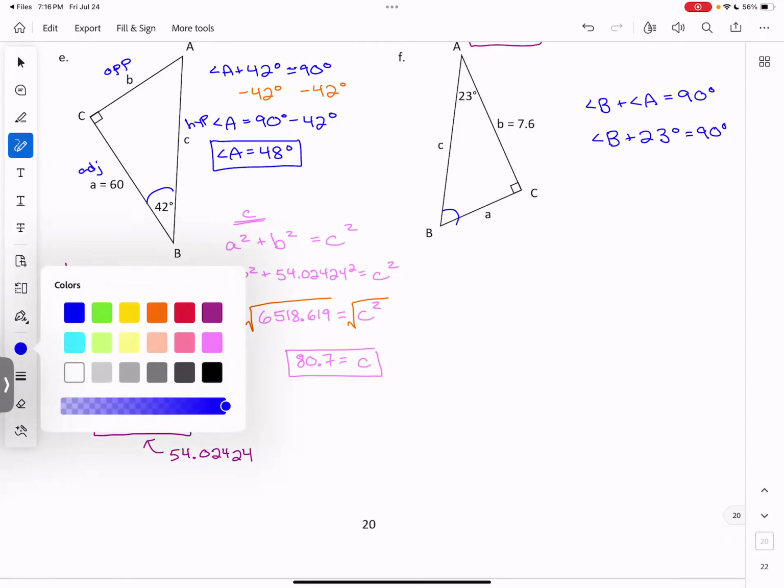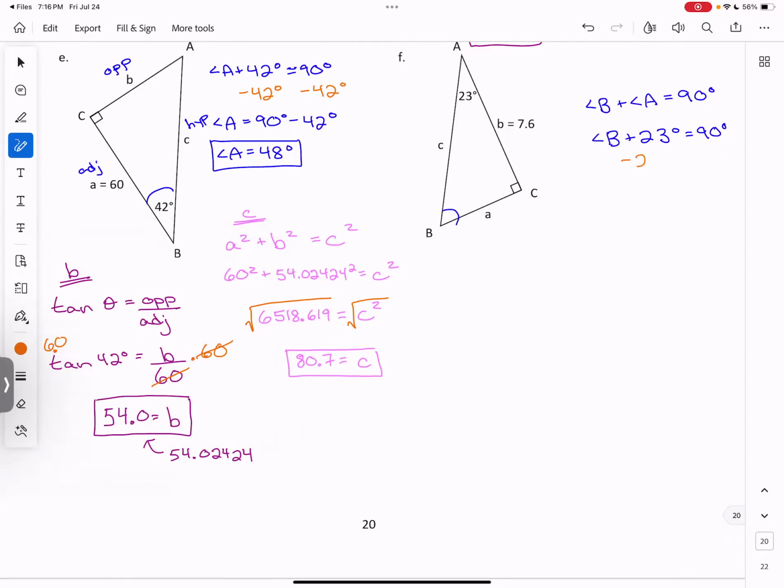So we can subtract 23 from both sides. And we get angle B is 90 minus 23, which gives us 67 degrees.